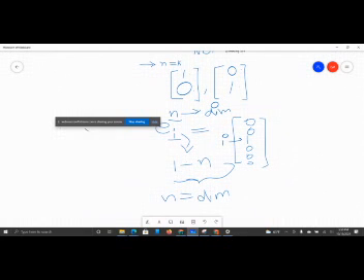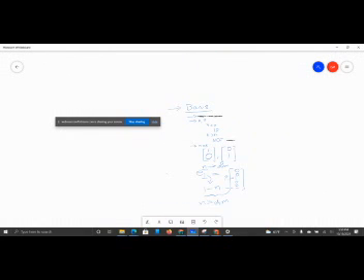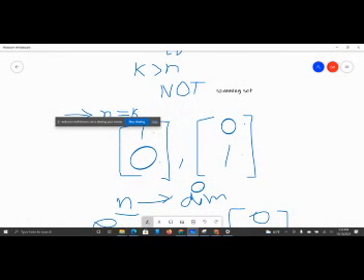In fact, the vectors I showed you before are the standard basis vectors for C2. As you can see, this is e1, and this will be e2. They have zeros everywhere else and ones exactly at the positions mentioned.